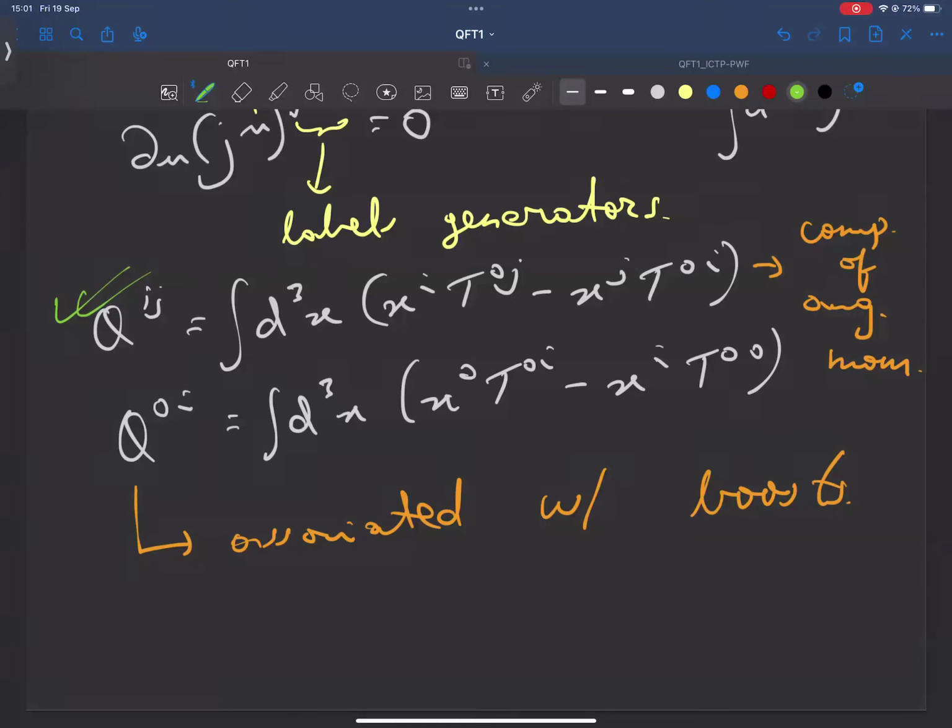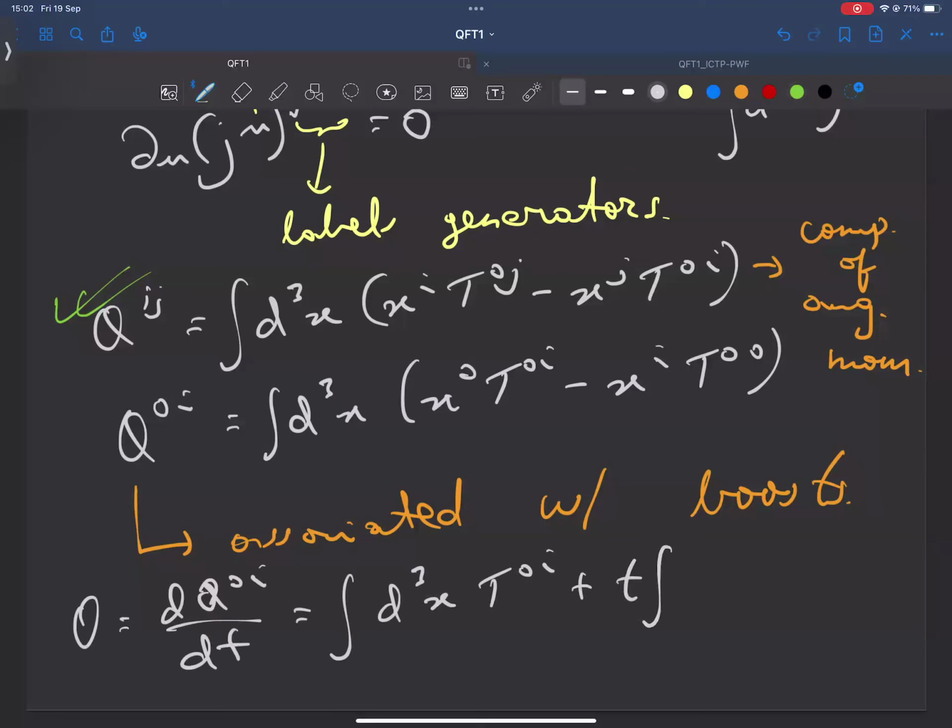Now the second part, and I remember a question last time: what are the conserved charges of boosts? Let's unpack that. If we expand this part out, by Noether this is conserved by the equations of motion. Now you can write it as t times the integral d3x T^{0i}, plus the integral d3x t ∂/∂t of T^{0i}, minus d/dt of the integral d3x x^i T^{00}.